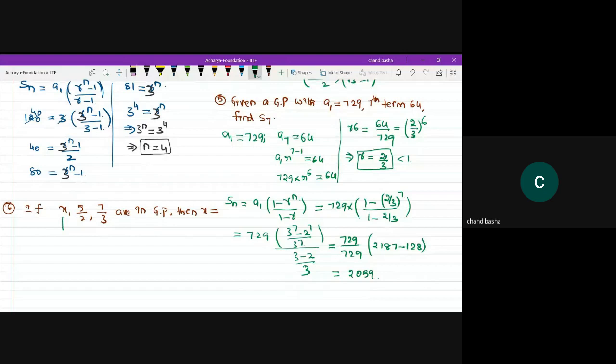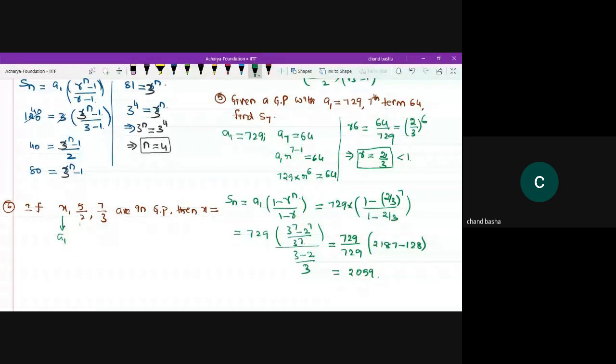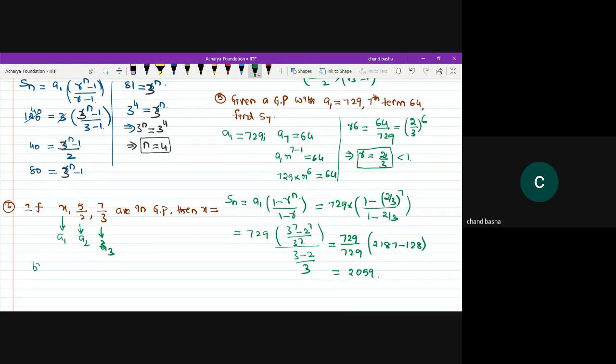Same point, this is the first term given to you. This is the second term. And it is the third term. That is A3 value. You know that B square is equal to A into C. So B square value is how much? 5 by 2 whole square. X is 75 by 28. So this is B square, the middle term square, equal to the product of the extremes.